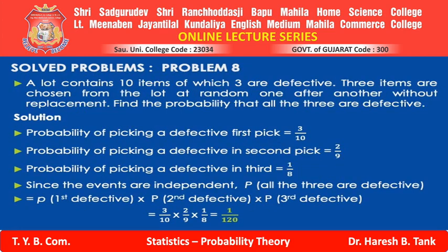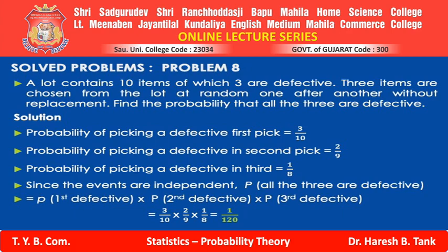A lot contains 10 items, of which 3 are defective. 3 items are chosen from the lot at random, one after another, without replacement. Without replacement means dependent. Find the probability that all the 3 are defective. Fine enough. Naturally, it is to be done one after another.